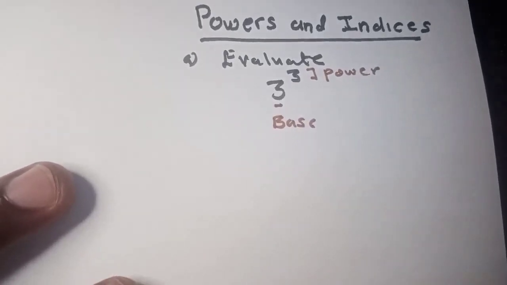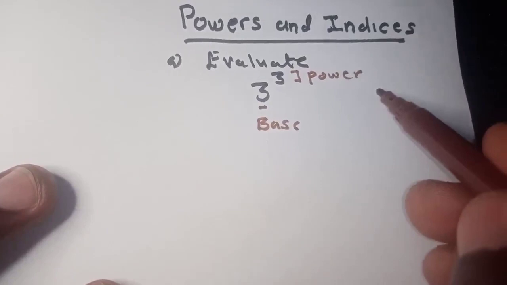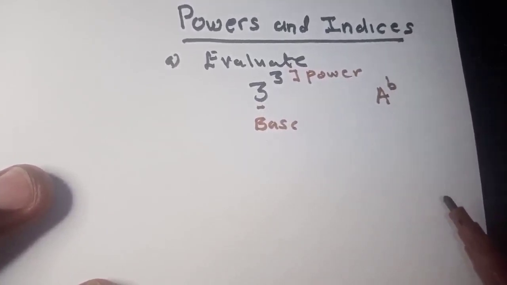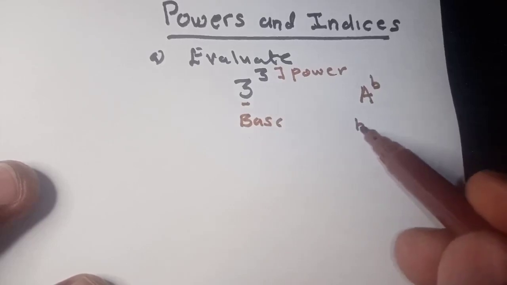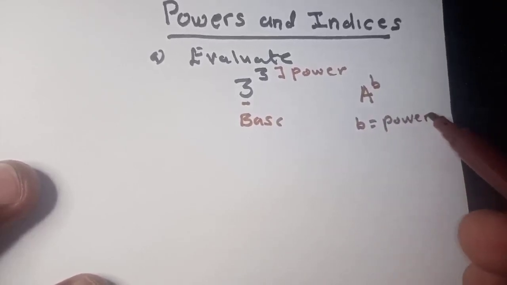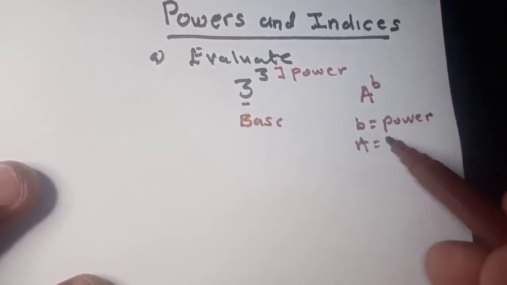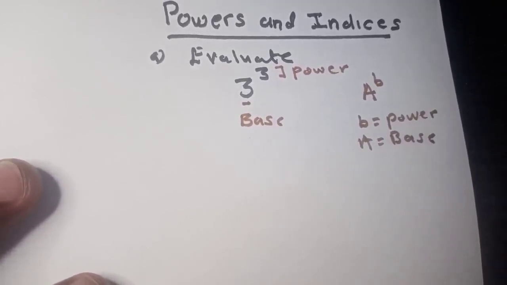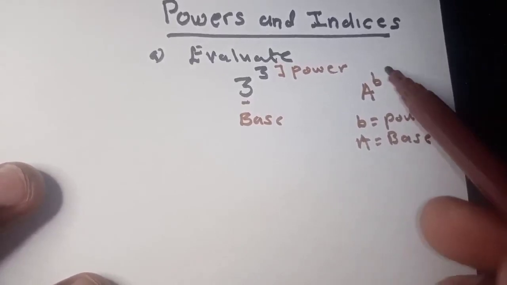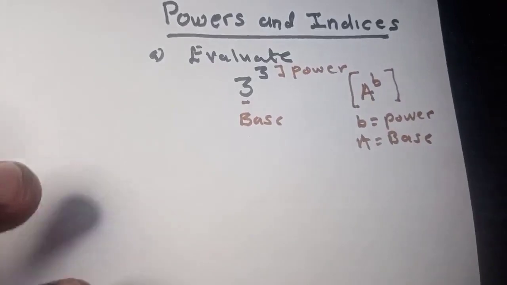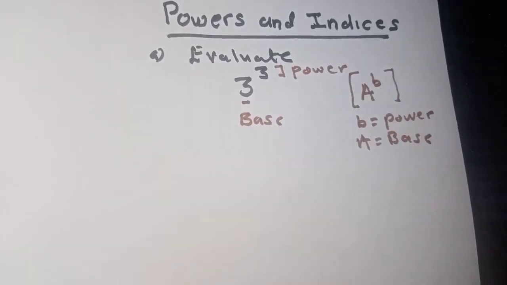In other words, when you have a bigger number a and a small number b, b is the power and a is called the base. Technically, these are what indices are. So what does this mean?